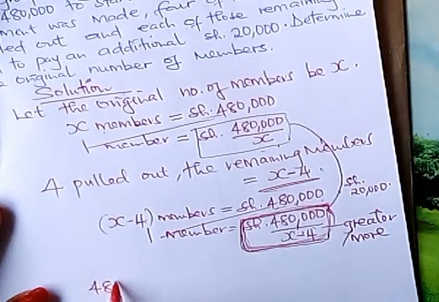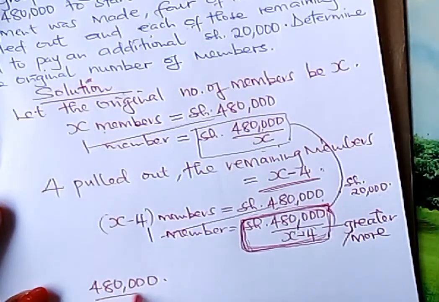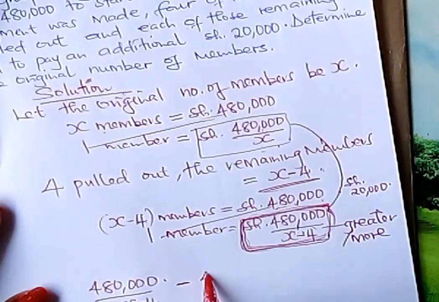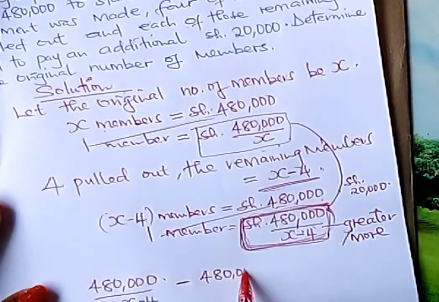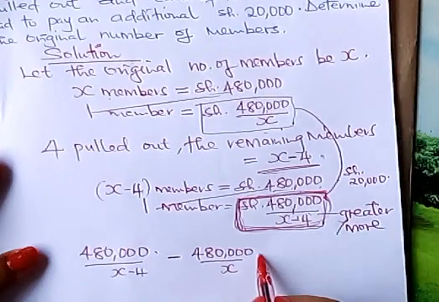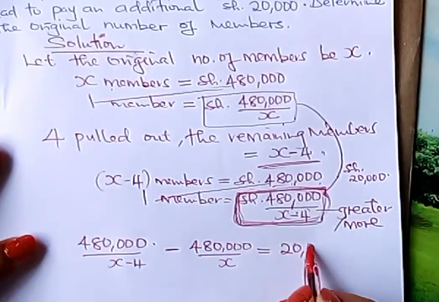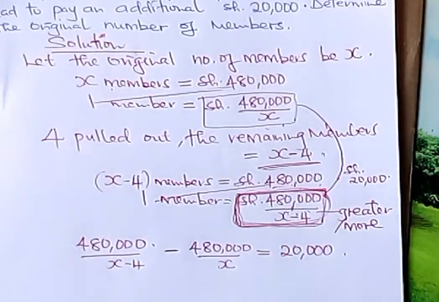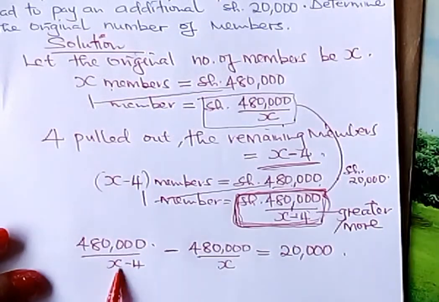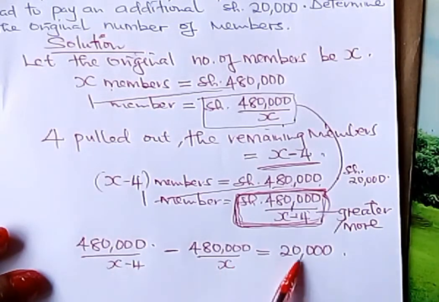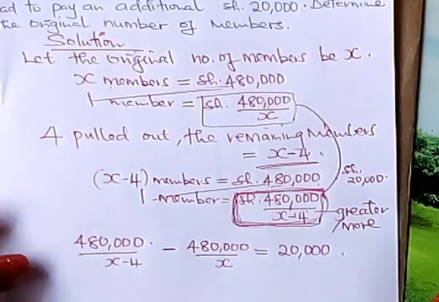So we form an equation. The bigger amount subtracting the smaller amount would give us 20,000. It's good to understand that. The bigger amount minus the smaller amount should give you 20,000.